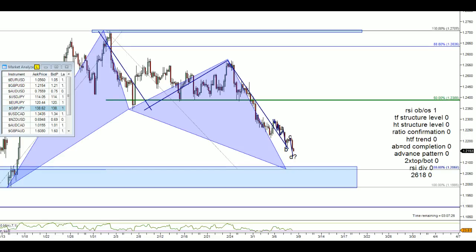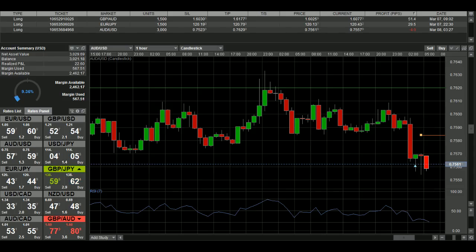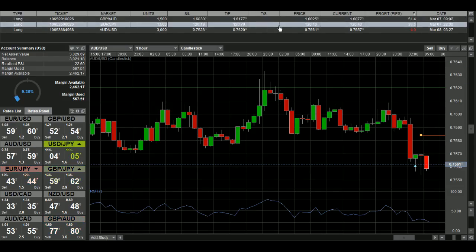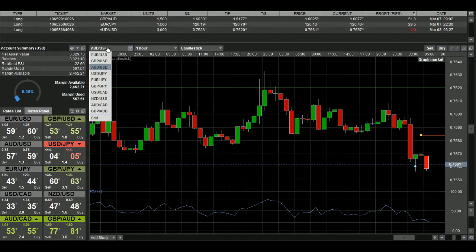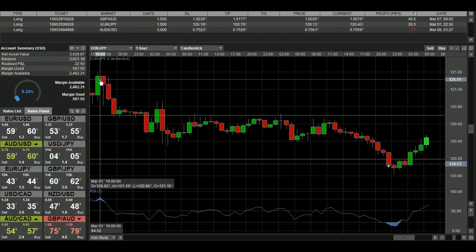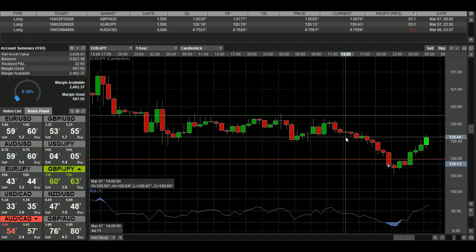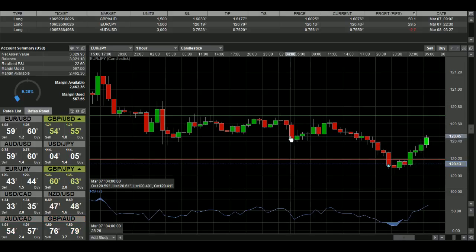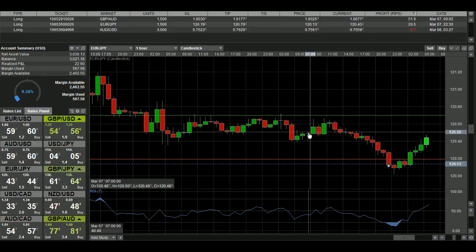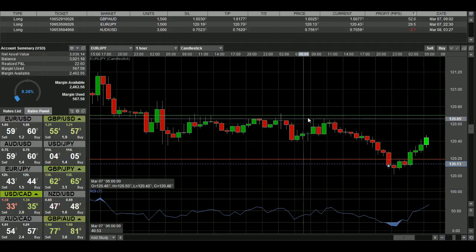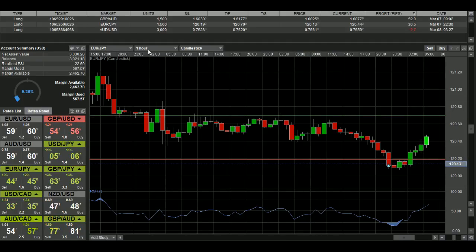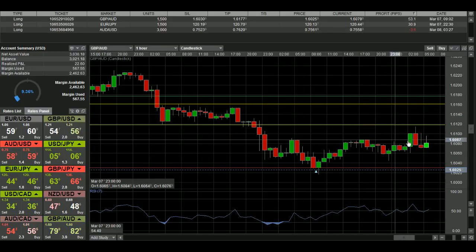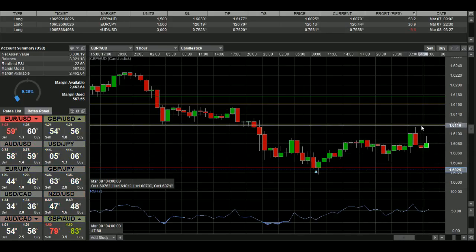While that's loading, I'm going to check my charts. So we're coming up into this resistance level here. Let's see if we can get through there and get up here. Pound Aussie. Resistance at that level there.